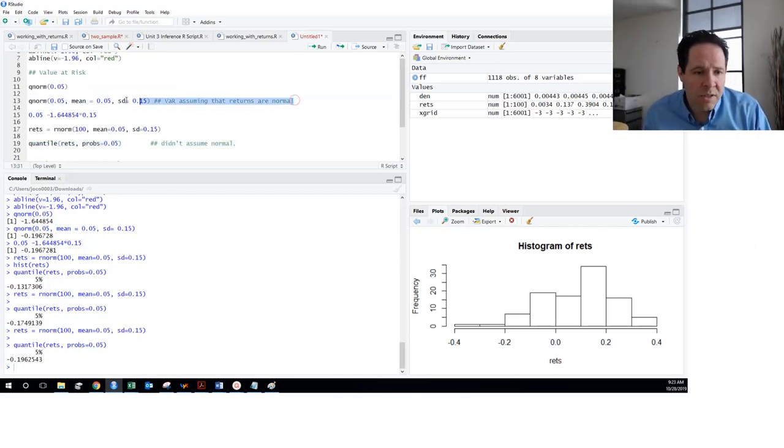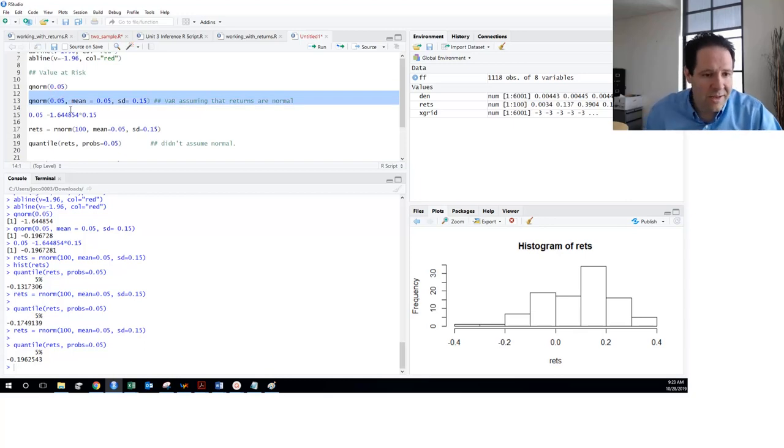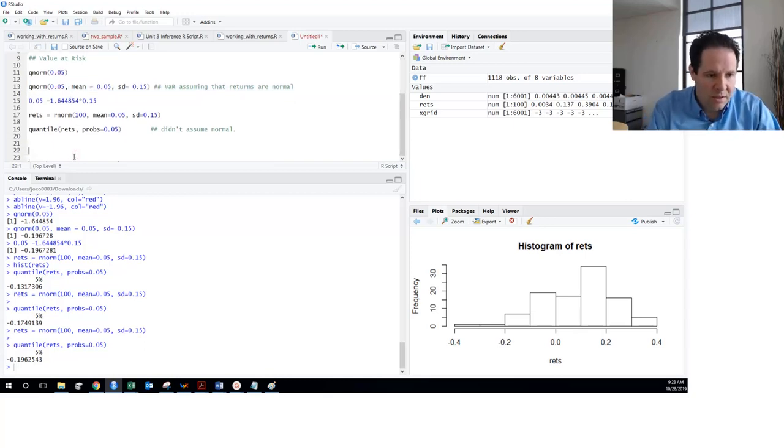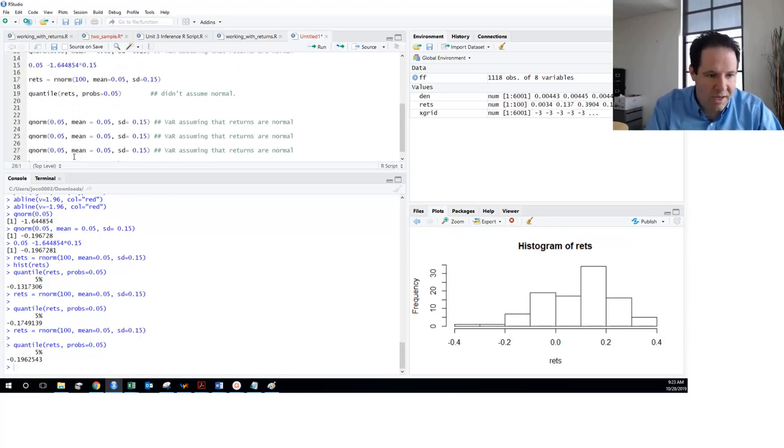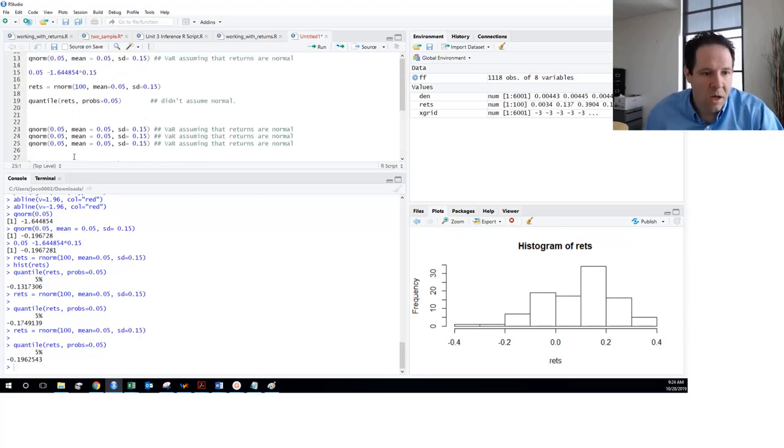This one links to what the standard deviation actually is, because the formula for this is just the mean minus 1.645 times the standard deviation. So something to point out is, let's take the normal example. I'm just going to look at 3 cases: one where we have a standard deviation of 5%, one where the standard deviation is 10%, and one where the standard deviation is 15%.